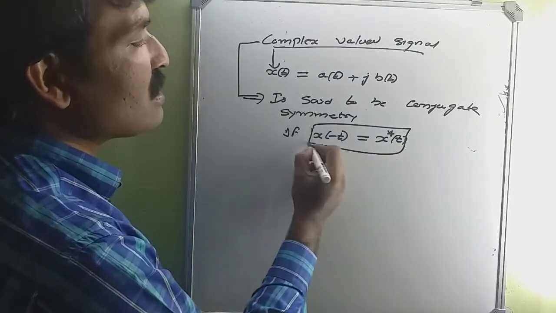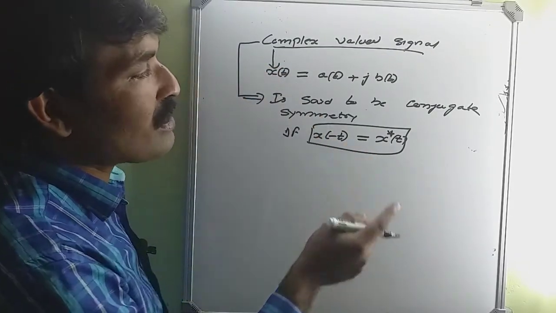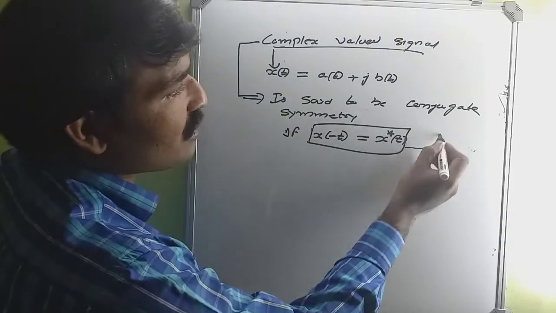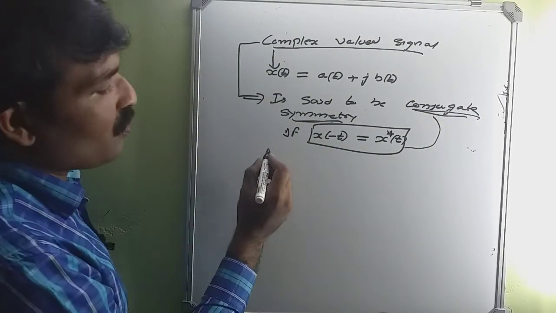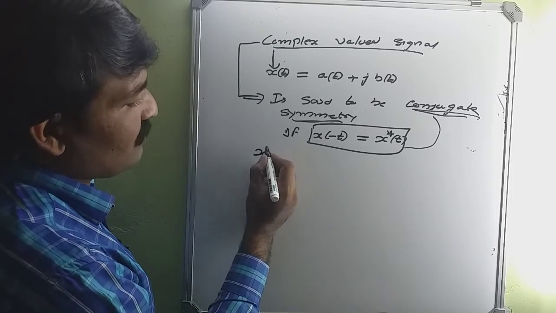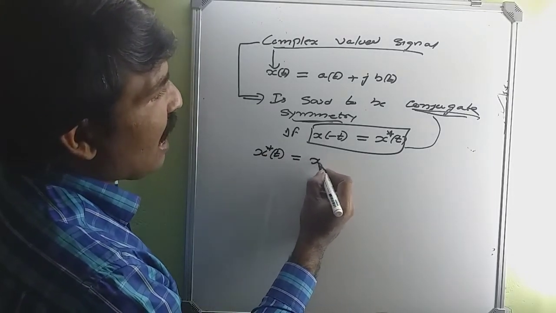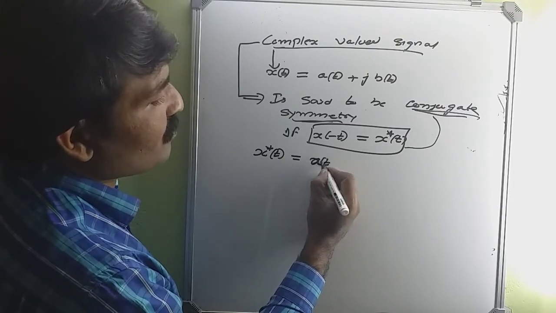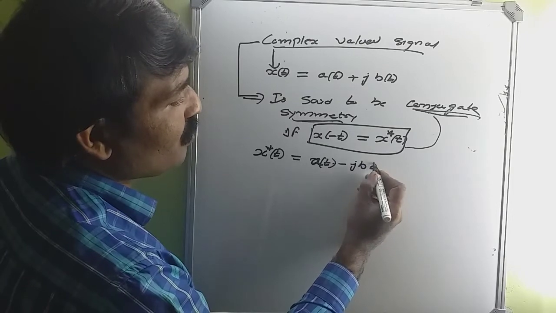If this condition is satisfied, then the signal x of t is said to be conjugate symmetric. That causes the term conjugate symmetry. Now, what is x conjugate of t? X conjugate of t is equal to a of t minus j into b of t.